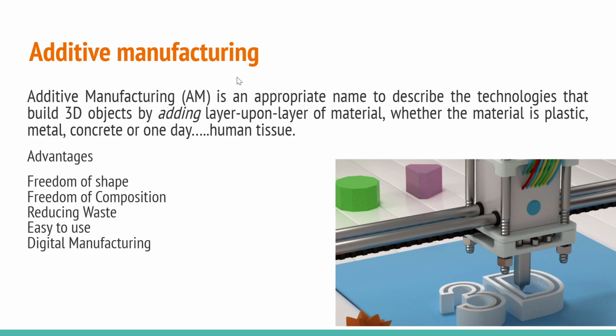So, additive manufacturing. Additive manufacturing is an appropriate name to describe the technologies that build 3D objects by adding layer upon layer of material, whether the material is plastic, metal, concrete, or one day human tissue. So this is a simple definition of additive manufacturing: to build a 3D object by adding layer upon layer of material, whether the material is plastic or metal.